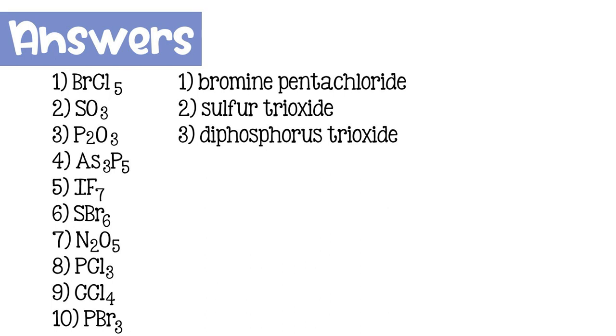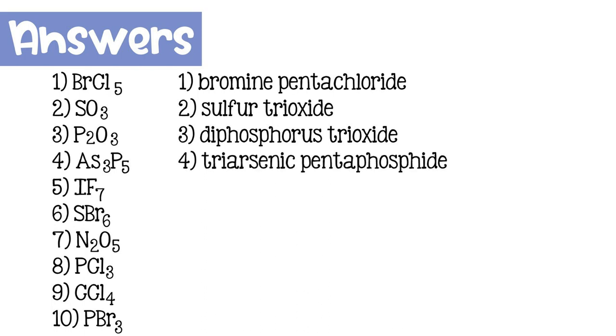P is phosphorus, which makes it a phosphide when it's bonded, and there are 5 of them, so it's penta, triarsenic pentaphosphide. Let's look at number 5. We have IF7. I for iodine, F for fluorine, or fluoride in this case, and we don't use a prefix on the I because there's one. However, we do need a prefix for the 7 fluorines, and that would be hepta, so it's iodine heptafluoride.